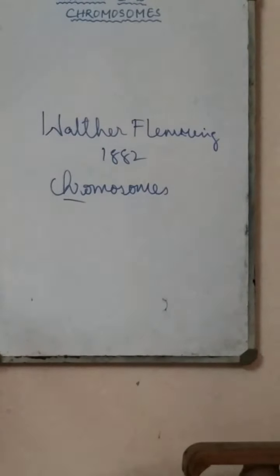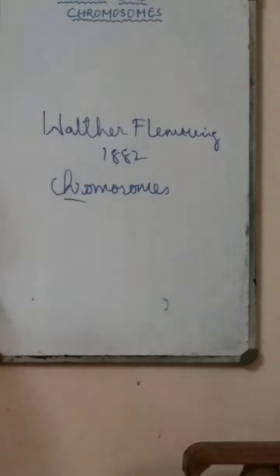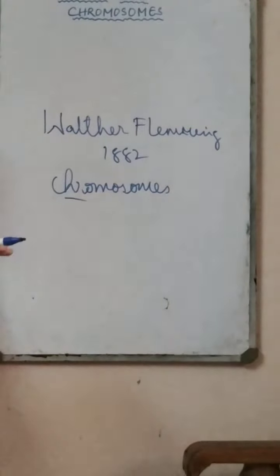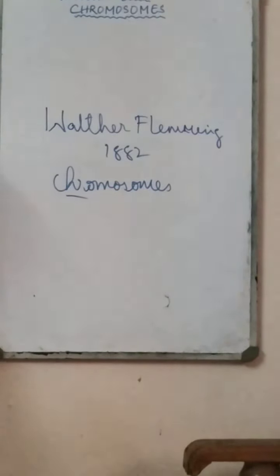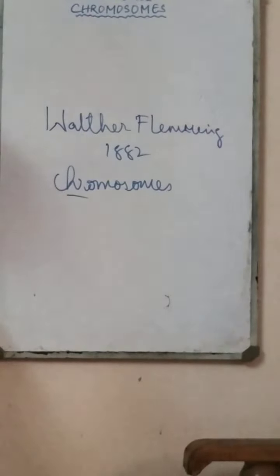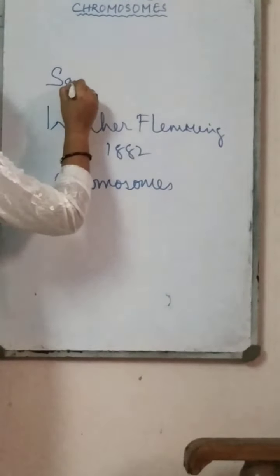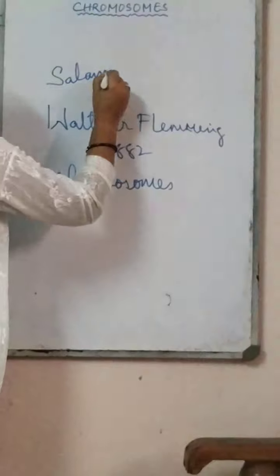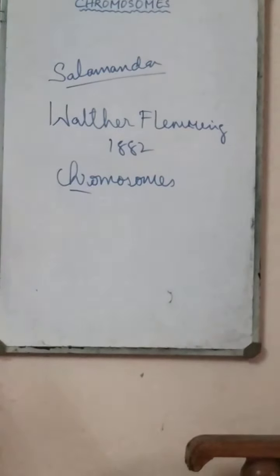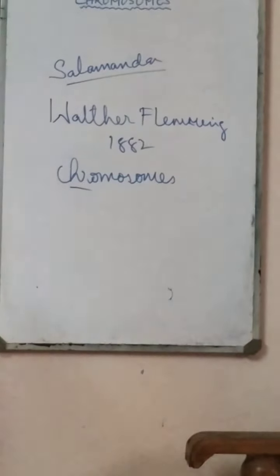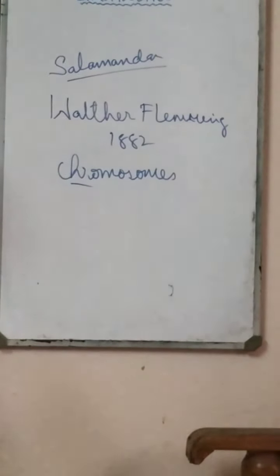Amphibians are the organisms which can lead their life both on an aquatic surface as well as on the land surface. So among the amphibians, there is the salamander. You might have heard the name salamander. It looks like a crocodile.